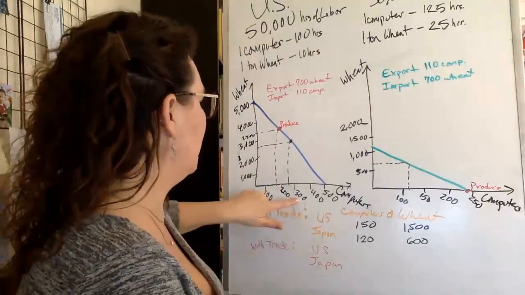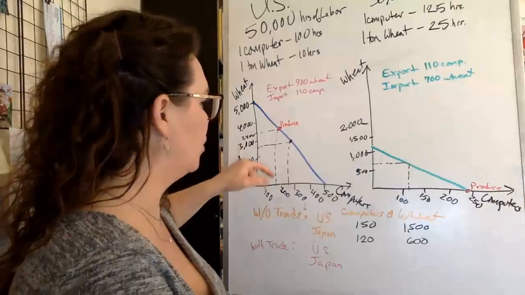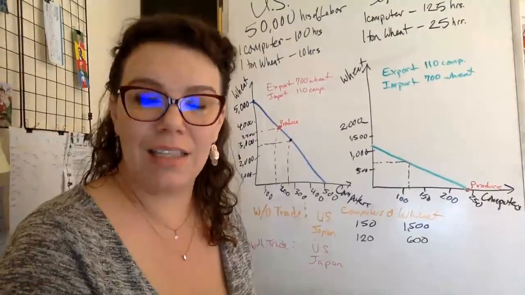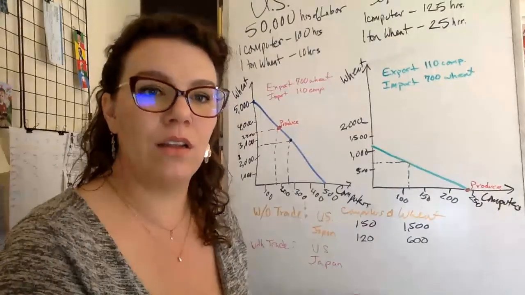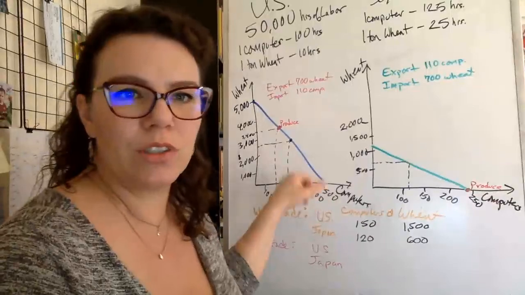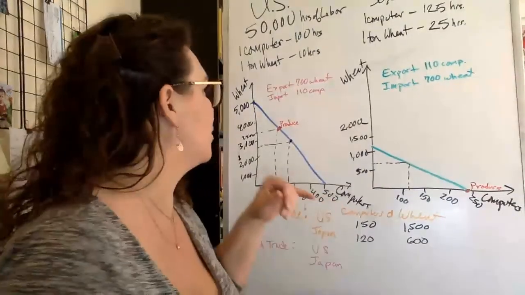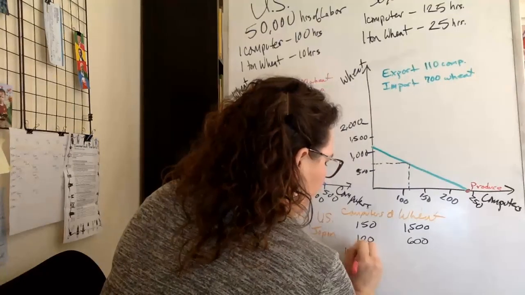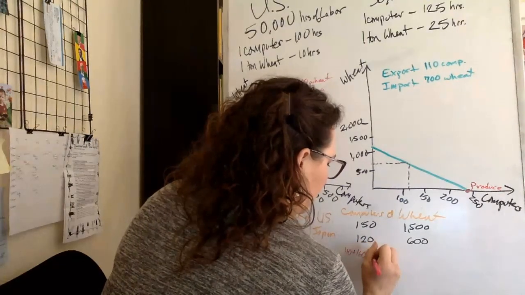So the US produced 160 computers and imported 110 computers. So they're going to have 110 plus 160 equals 270.